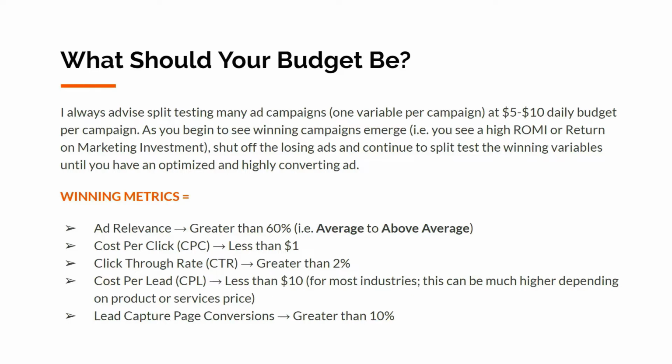Next, cost per lead. Less than $10 for most industries. This can be much higher depending on your product or service's price. And finally, lead capture page conversions. This should be greater than 10%. Of anybody landing on your page to capture that free item or free sign up, 1 in 10 should be converting.